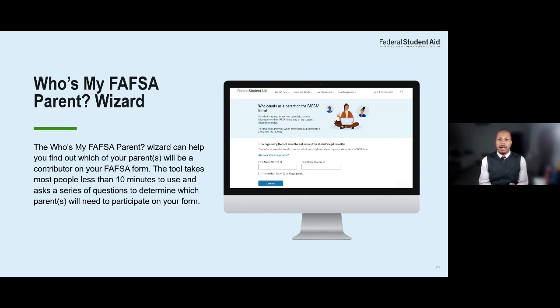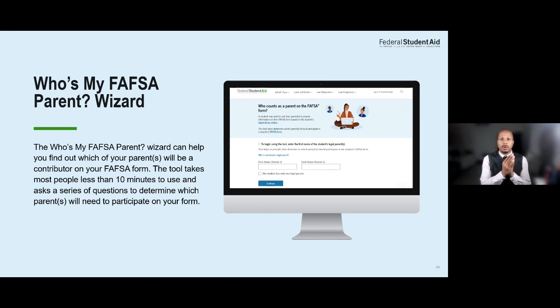Now, if you're coming from a household and you're confused and saying, which parent do I even put down on my FAFSA form? That's okay. We have a free wizard available on studentaid.gov right now to help you answer that particular question. You don't have to have a special login.